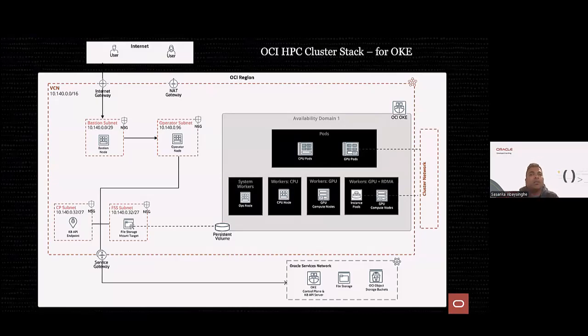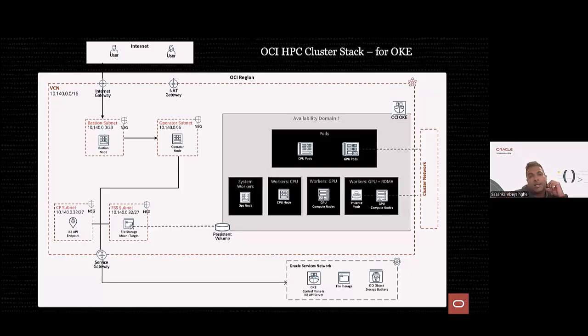This is how it looks for the high performance computing cluster stack for OKE. We have a couple of important nodes. The first one is the Bastion host, which is what we use to connect from the outside world, through a public IP.